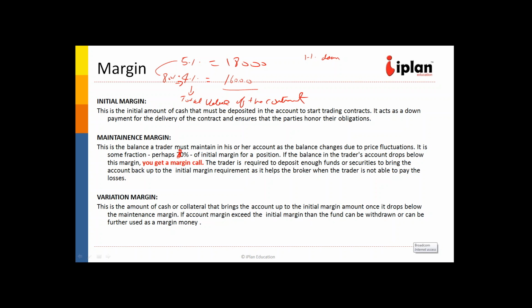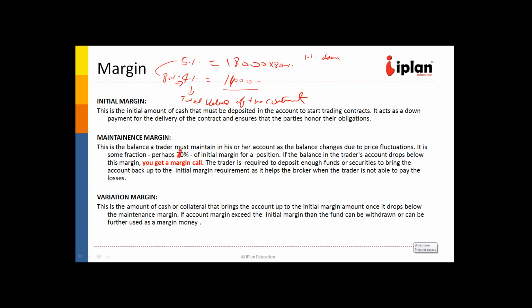Or we can simply say 80% of the initial margin is 4%, so that is around 80% of the 18,000. If it goes below, let's suppose, 14,000, a round figure I'm giving, you get a margin call.